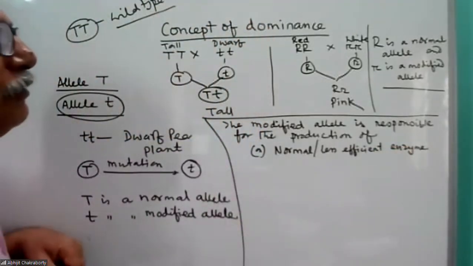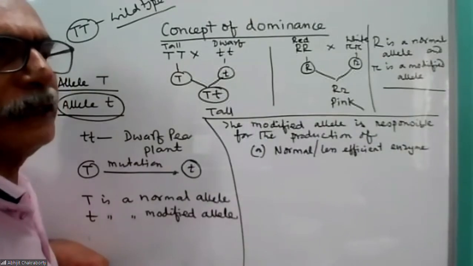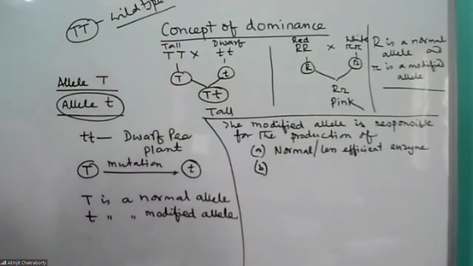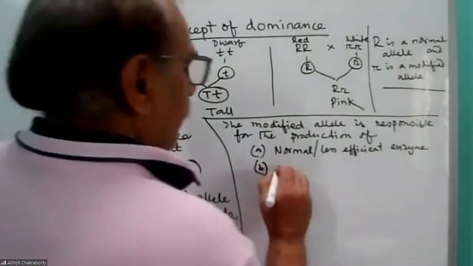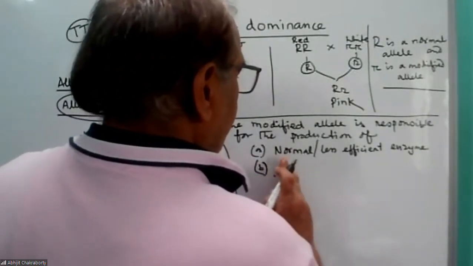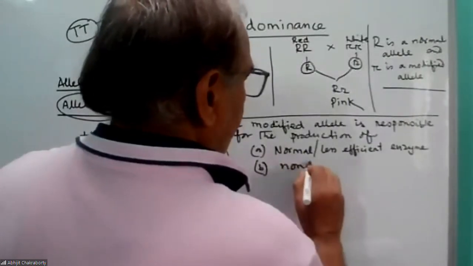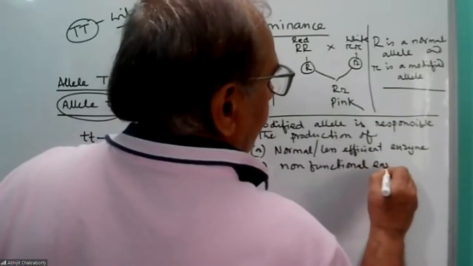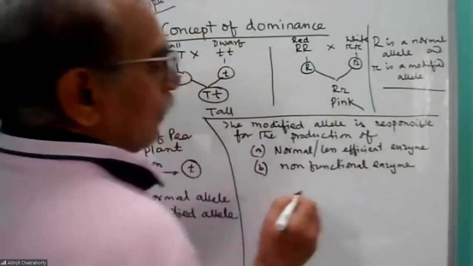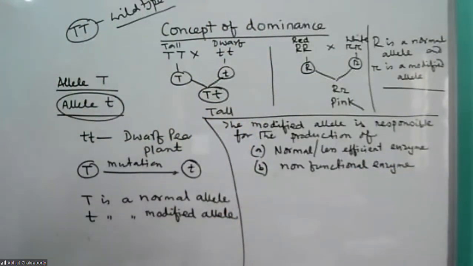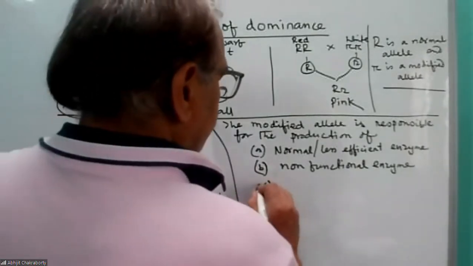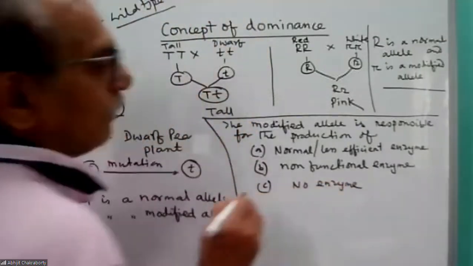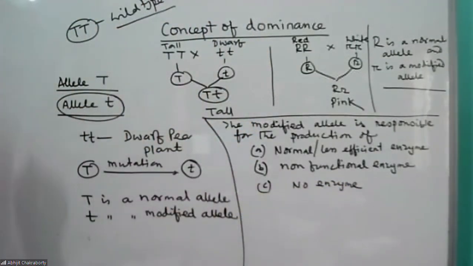Although it undergoes mutation, it can produce a normal enzyme, or a non-functional enzyme, or no enzyme. First thing I should tell you, suppose one allele, capital T.